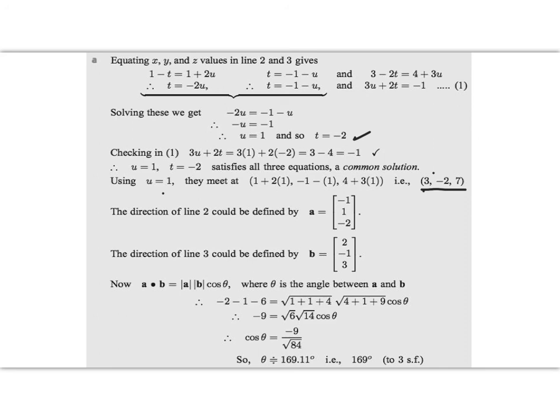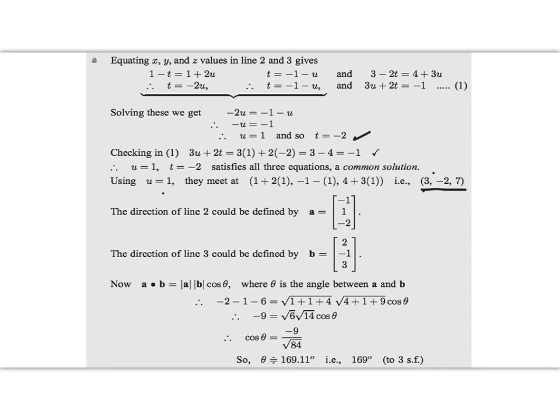And so the direction of line 2, you take your direction vector, it's -1, 1, and -2, and the direction of line 3, take that vector, and you do the dot product, and you should end up with the angle between them is 169 degrees, or 169.1.